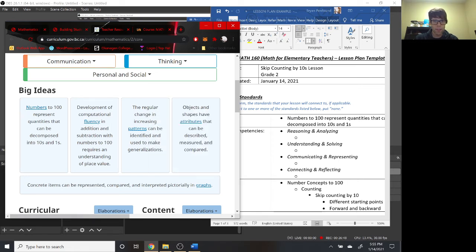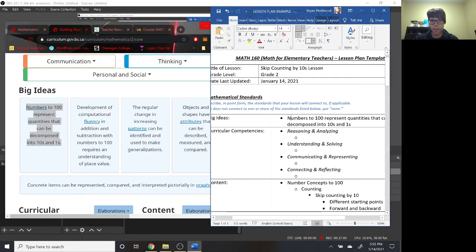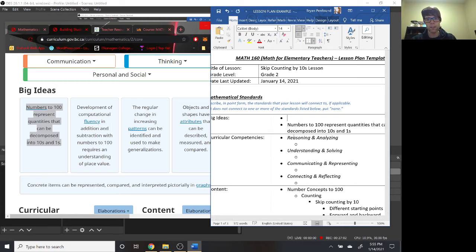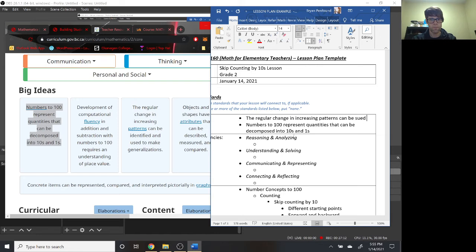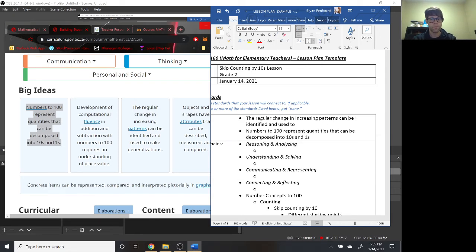Let's look at the pattern big idea. The regular change in increasing patterns can be identified and used to make generalizations. This is probably a better big idea than even the numbers one, to be honest. I might consider that an even more important big idea, because what we're doing here is skip counting.